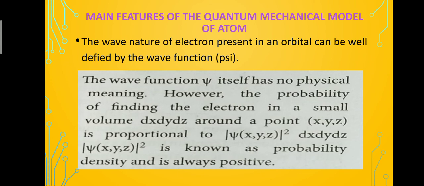However, it helps to find out the probability of finding an electron in a given small volume, and it is proportional to the modulus of psi(x, y, z) square, and it's known as the probability density, and it is always positive.